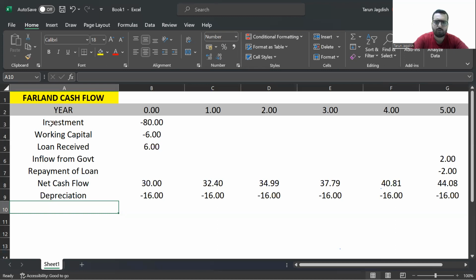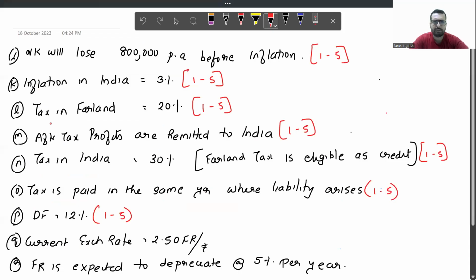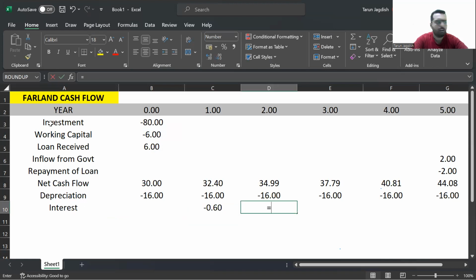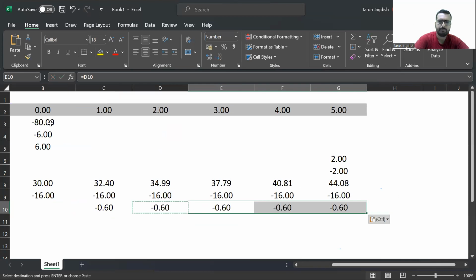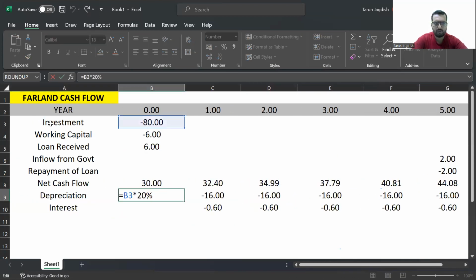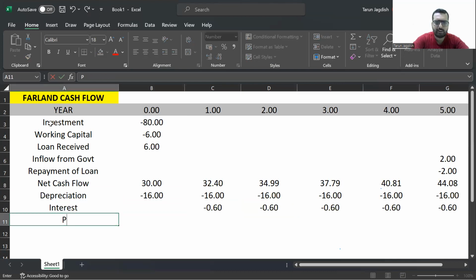So I think what I'll do is I have taken this. I need to put interest also, right? What is the interest that they have told? It will be finance at, I think 10% is the interest rate that is told, correct? Okay, so here it will be on this 6 million, 10% will be the interest. So I'm assuming that interest will be the same every year. Okay, so net cash flow, I got this. So from this, I will get the PBT.